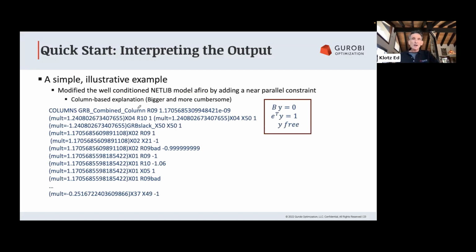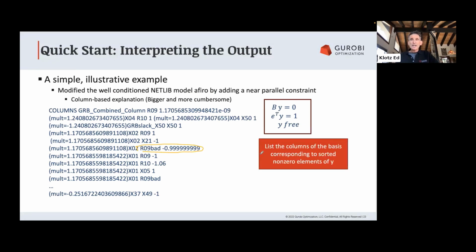In this case, the column-based explanation is harder to interpret, but we do see that the problematic coefficient is involved. The convention is the same. We list the columns of the basis corresponding to the non-zero elements of this Y vector, this certificate of ill conditioning, and we do it in order. And we prefix the column names by the actual values in that certificate.